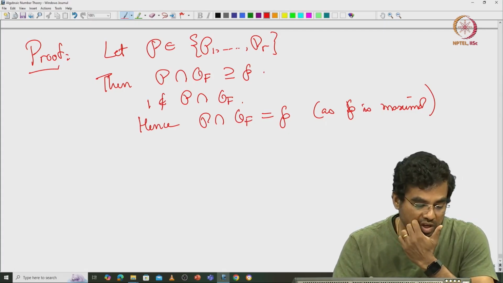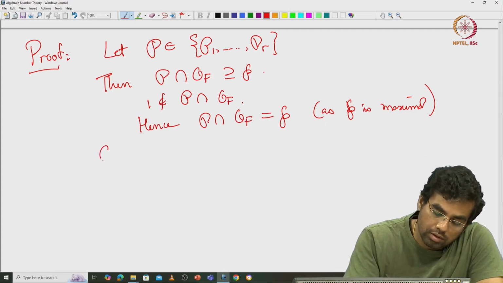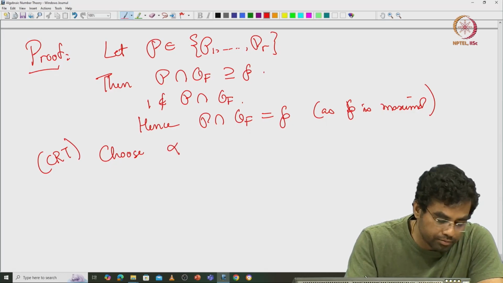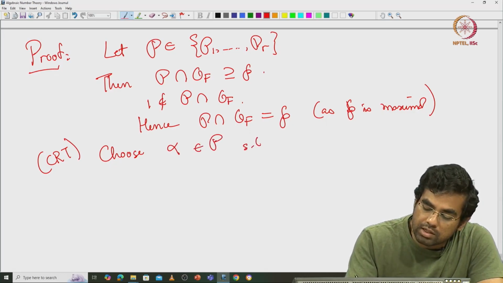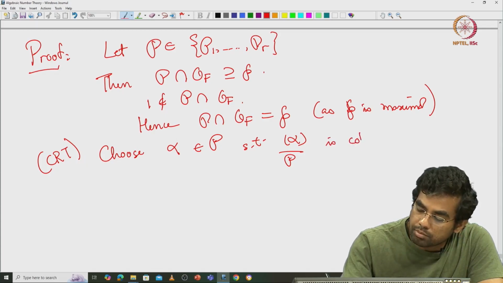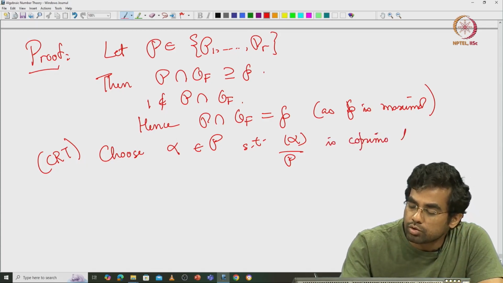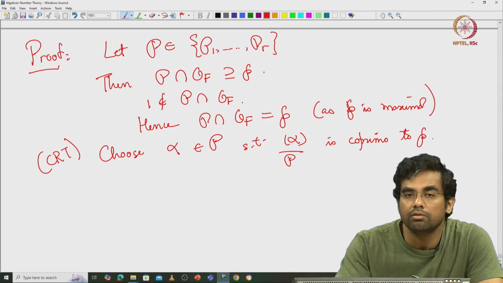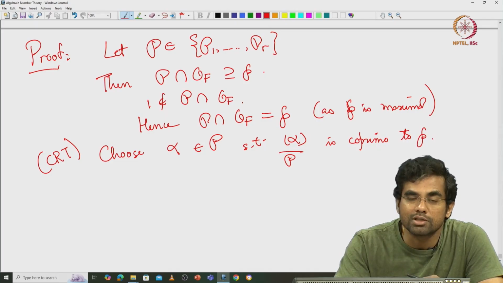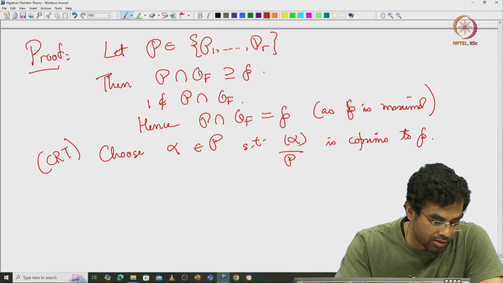Okay. So, what we can do is, as a corollary to the Chinese remainder theorem, we can choose alpha in P such that the ideal generated by alpha divided by P is co-prime to small p. We proved this as a corollary to the Chinese remainder theorem.